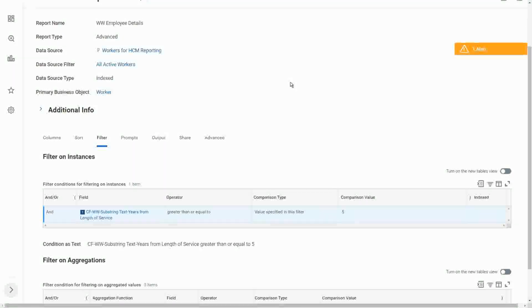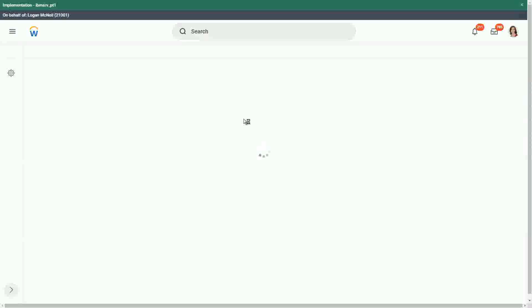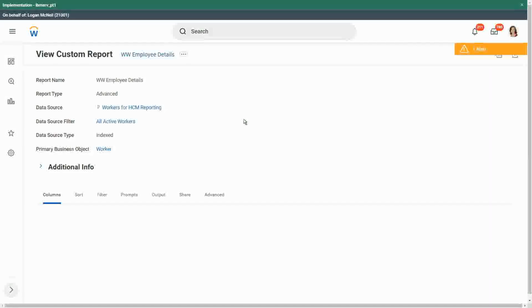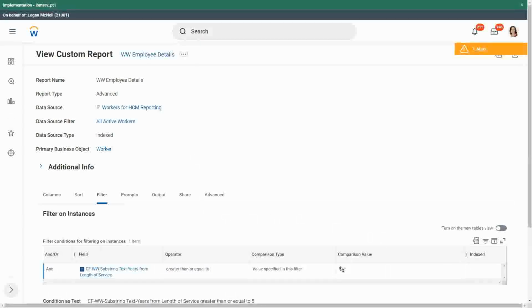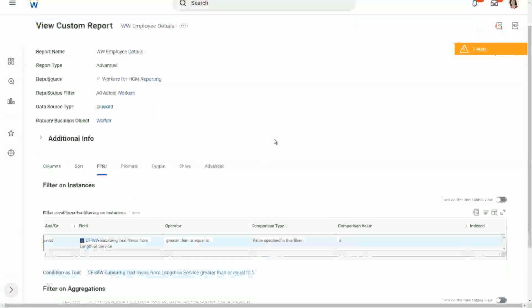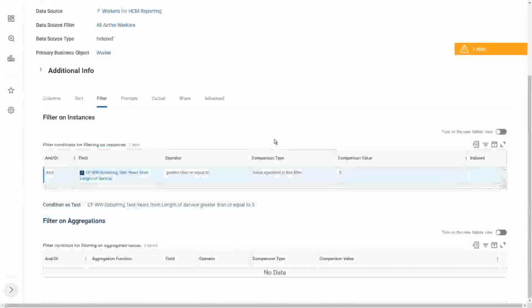Are we extracting one character? No, we are not extracting one character for comparing. See, our objective was to find out people who have spent more than 5 years in the organization. So that is what we are trying to do. Now let me give you the answer. We are trying to compare a text with a number.